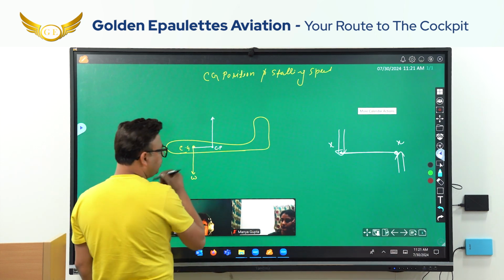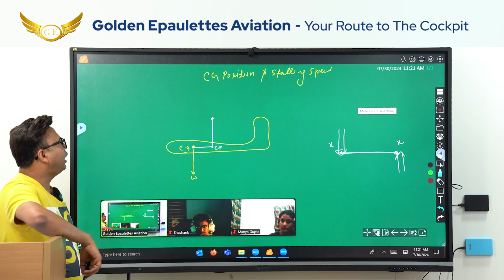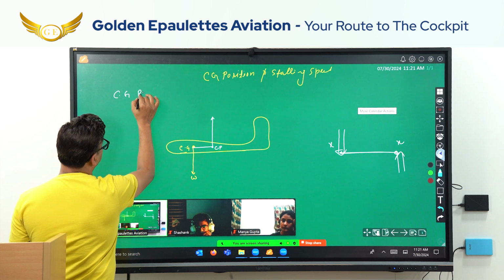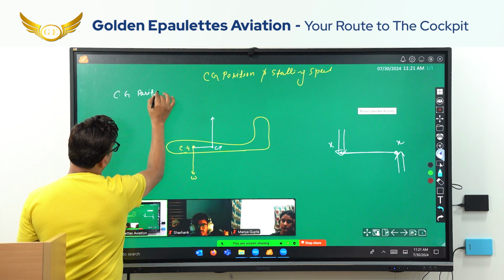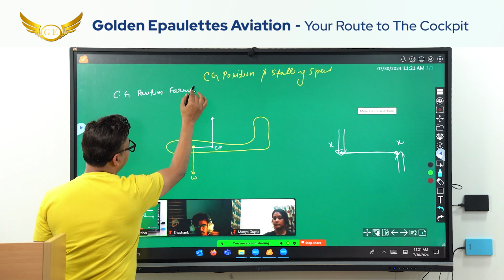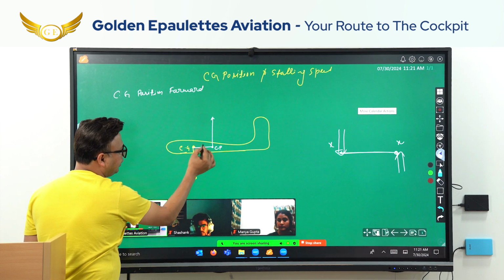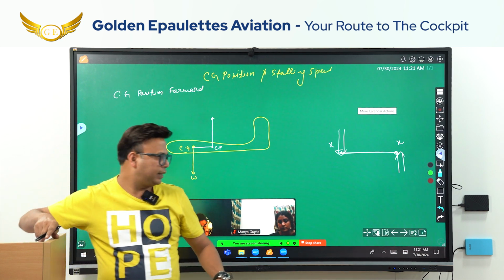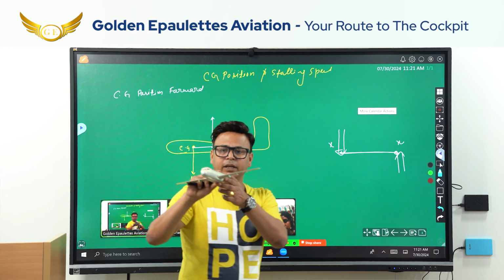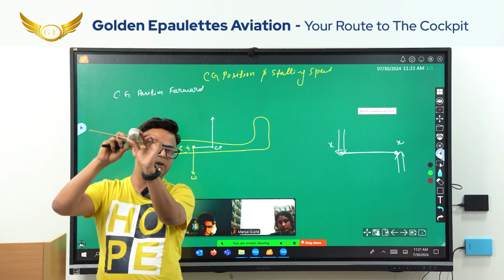Now, if my CG position is forward, what happens to the stalling speed? If our CG position is forward, the weight of the aircraft is concentrated at the forward position.